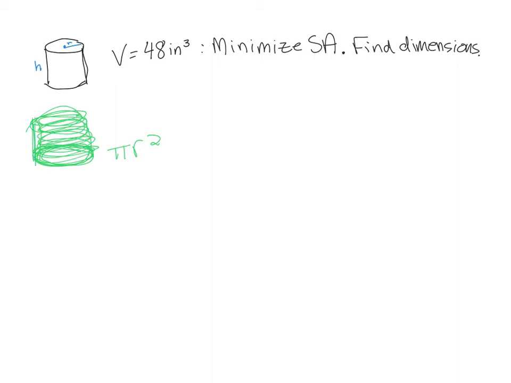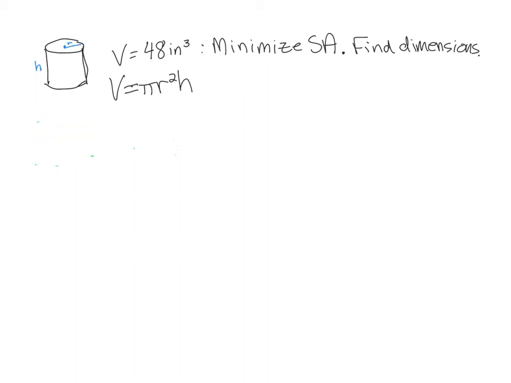And that height is my third dimension. So the volume of a cylinder is the area of the circle with height. Simple enough. What about surface area? Think about what the surface area is. You have a top and a bottom. They're both circles. What's the area of a circle?